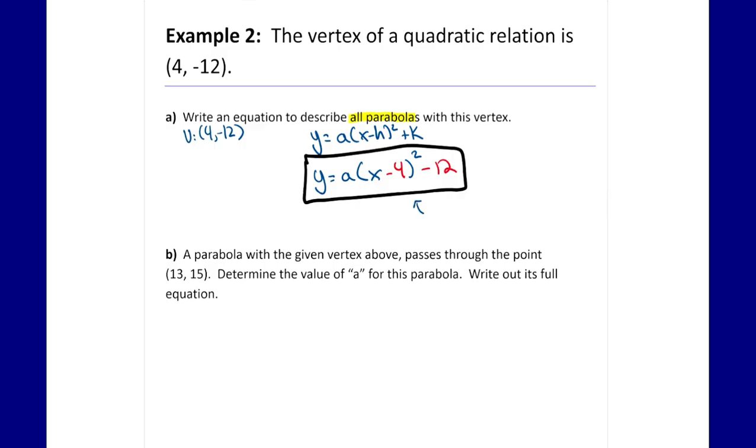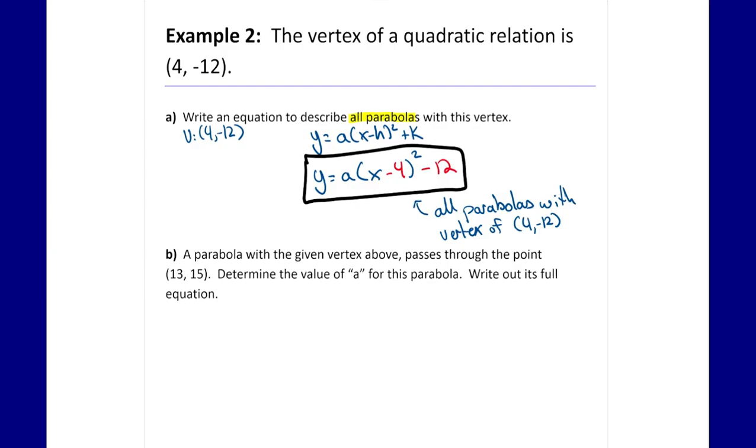And this is going to represent all parabolas with a vertex of 4, -12. So any parabola that has this vertex is going to have this general equation.